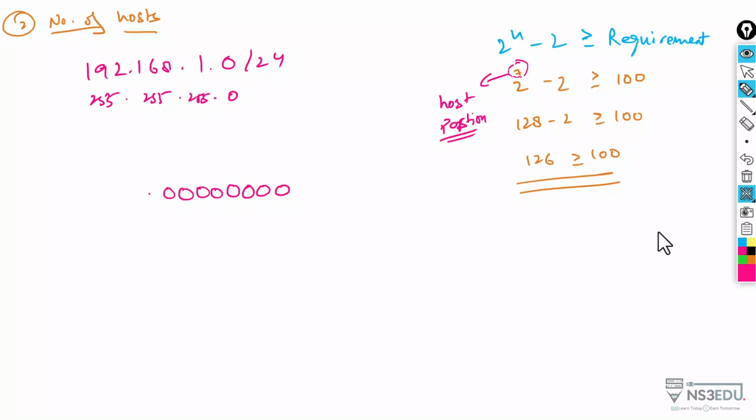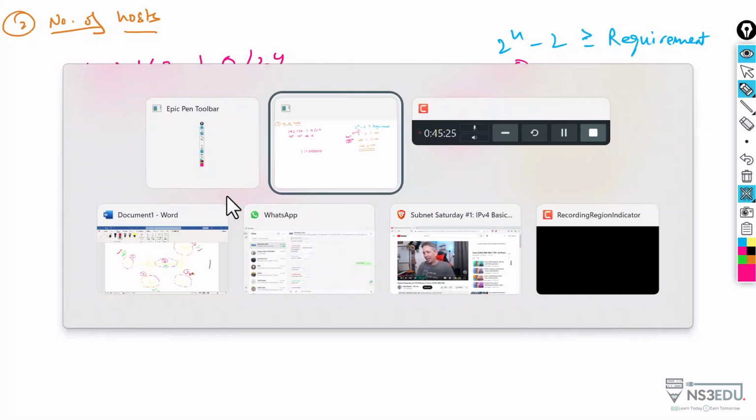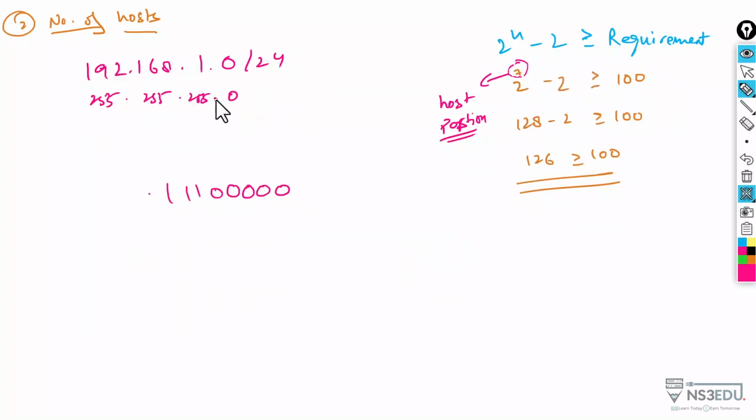What we were doing is setting these 3 bits to ones. Now we are not borrowing any network bits, but what we are doing is setting 7 bits to host.